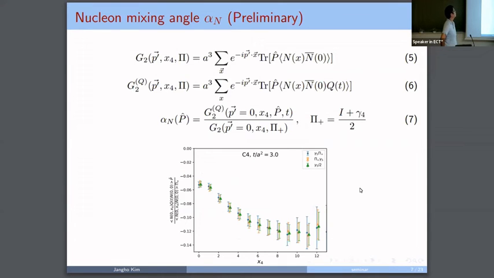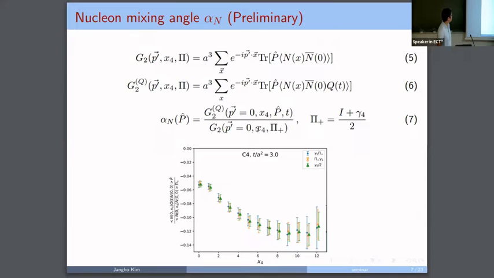Now first we compute the nucleon mixing angle alpha n. G2 is just the nucleon 2-point function, and G2Q is the 2-point function with the topological charge inserted. Their ratio gives the nucleon mixing angle, and here P hat is a projector.